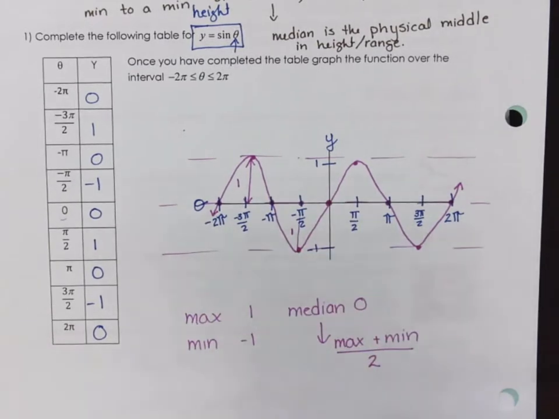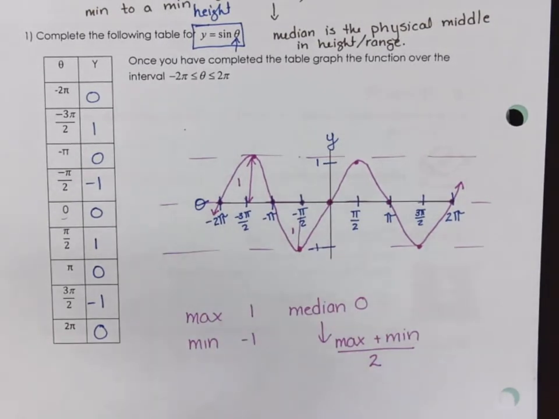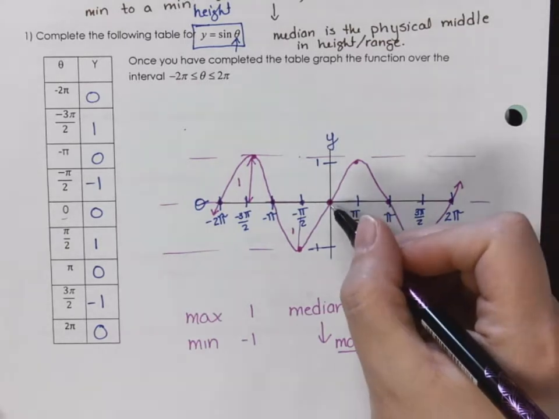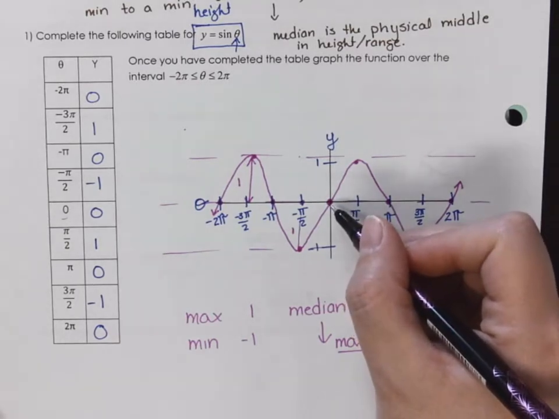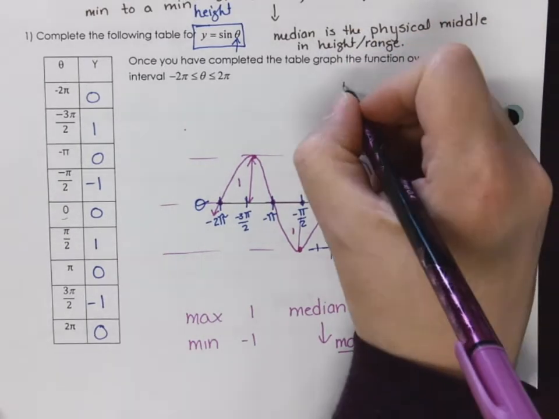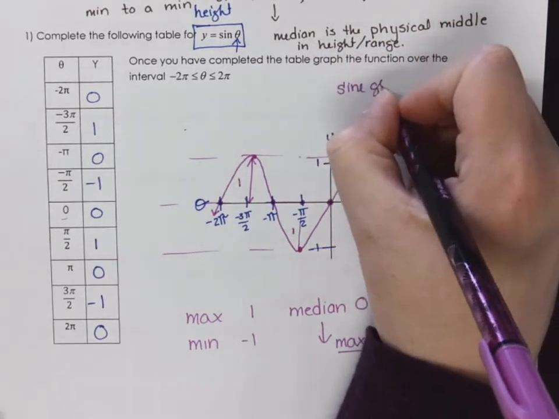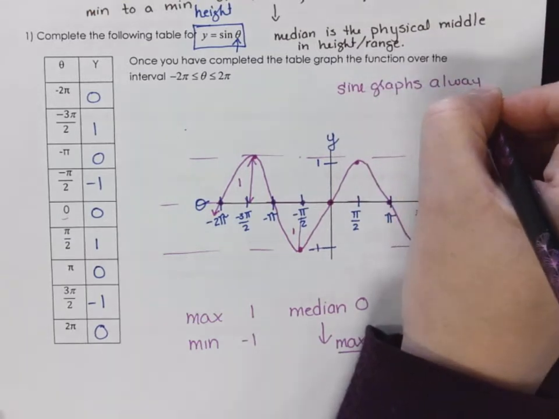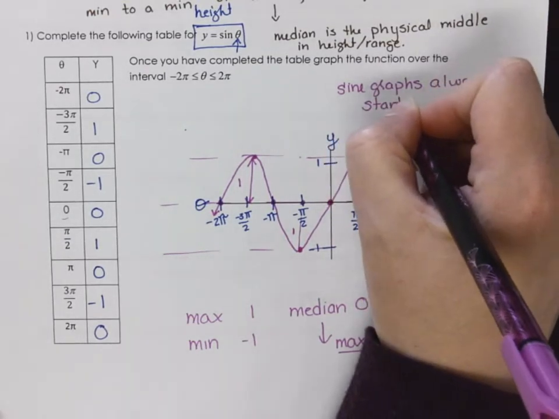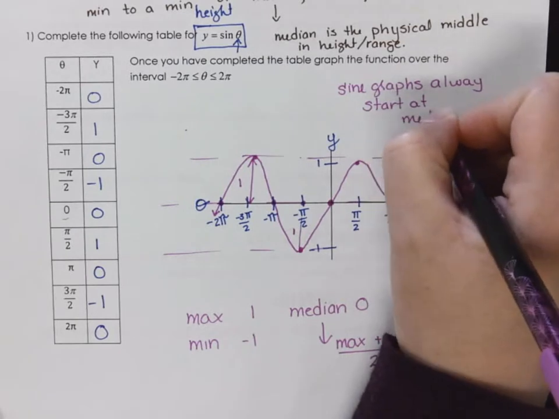Okay, another thing I want to point out is the direction of my arrows. Now, sinusoidal graphs you're going to find, my graph starts in a median, it starts at 0. So sine graphs always start at medians.